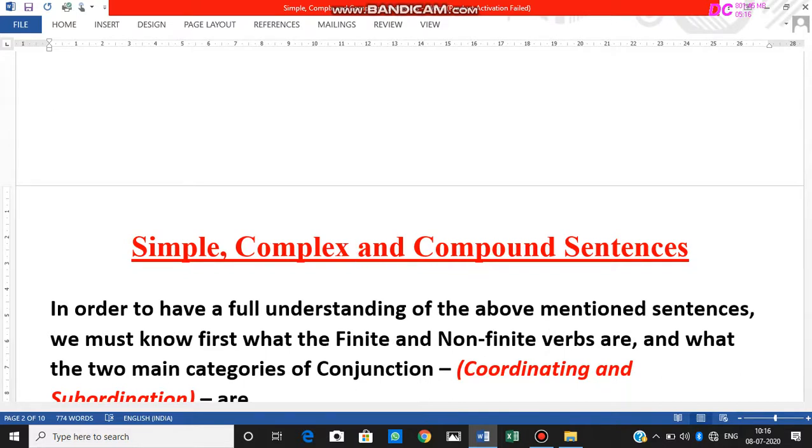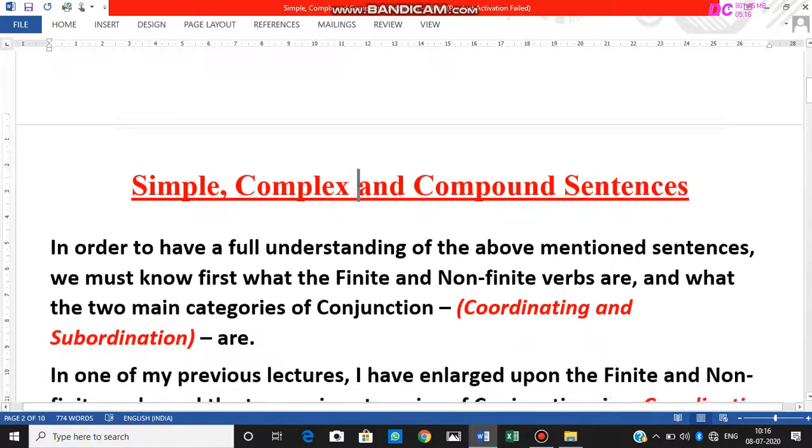My dear students, I have enlarged upon finite and non-finite verbs in detail in one of the previous lectures. I have also made you understand the different kinds of conjunctions, with special focus on these two main categories, coordinating and subordinating conjunctions.